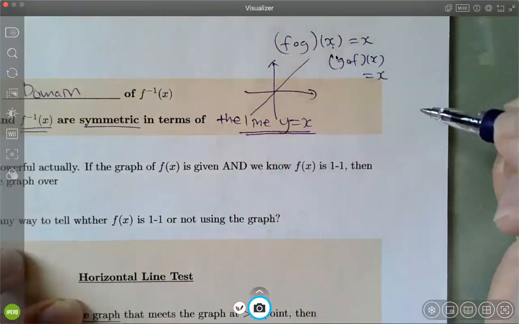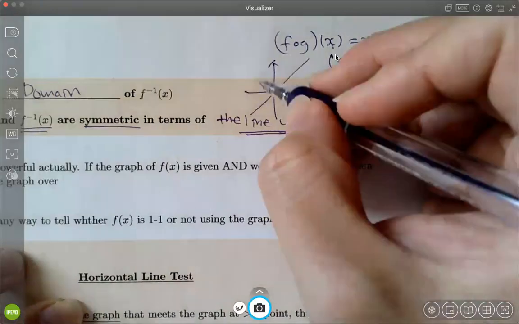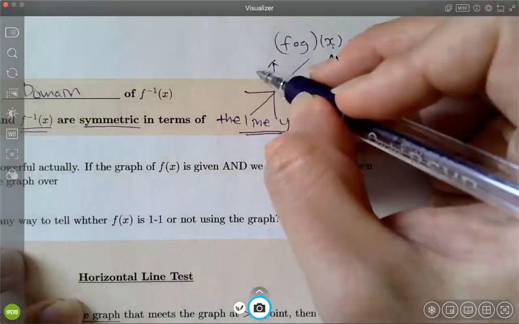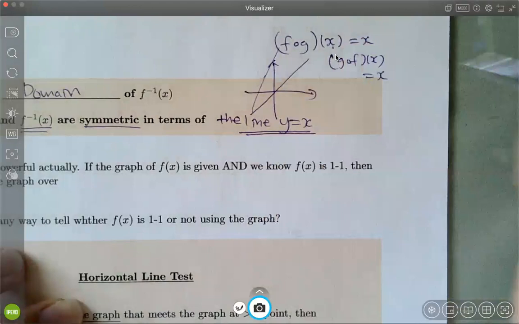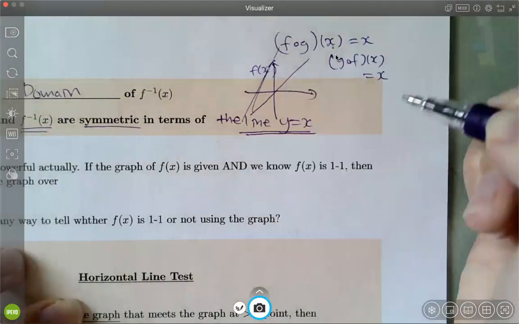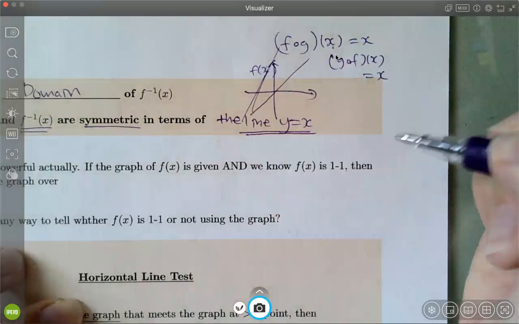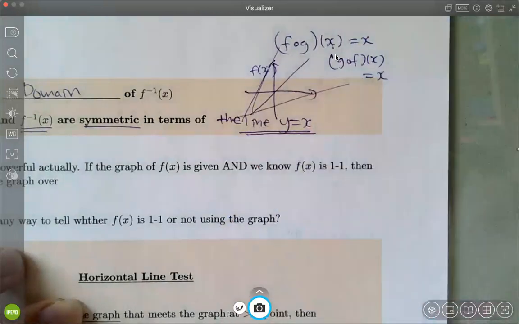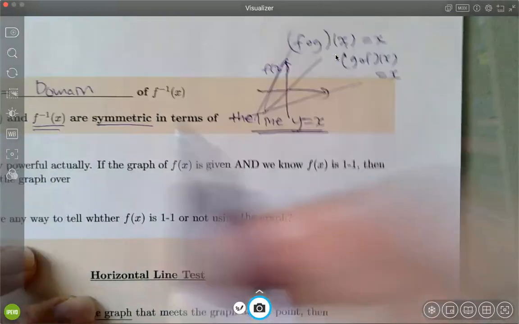So whatever you sketch, for example, something like this maybe. Suppose this is the graph of f of x. Then how does the f inverse graph look? Just reflected in terms of this line, right? Because they're supposed to be symmetric in terms of y equals x.